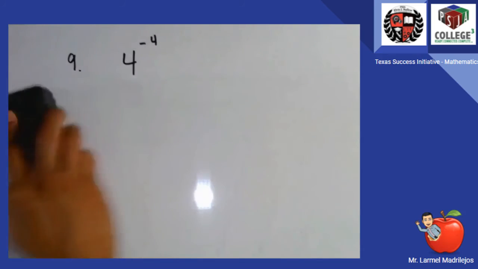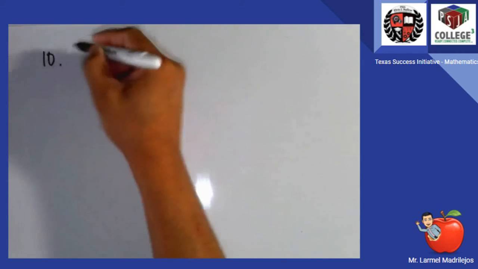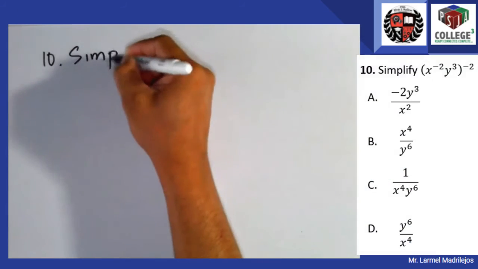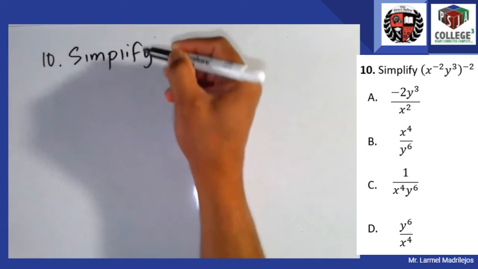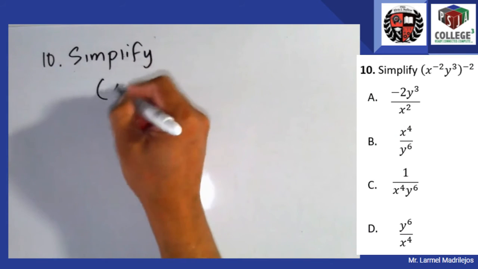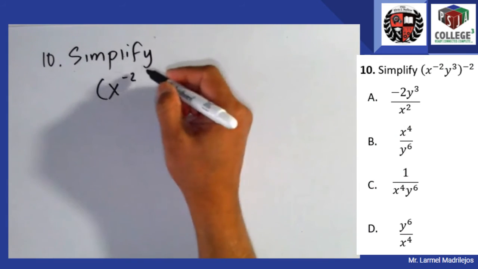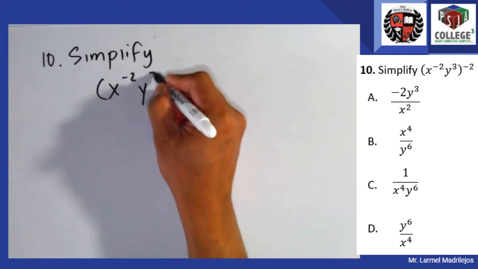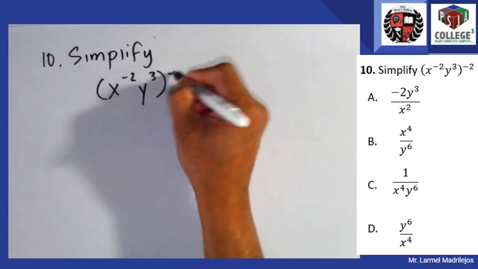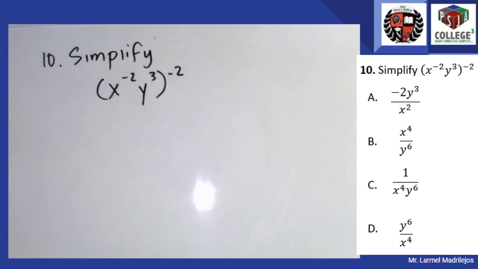Question number 10. Simplify x raised to negative 2, y raised to 3, all raised to negative 2. Same rules. Okay, let me rewrite that.